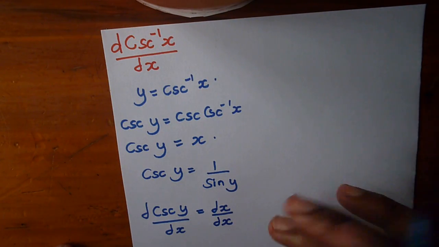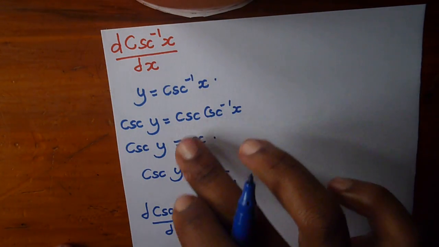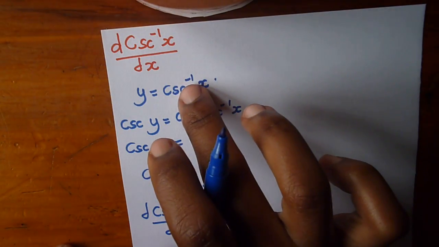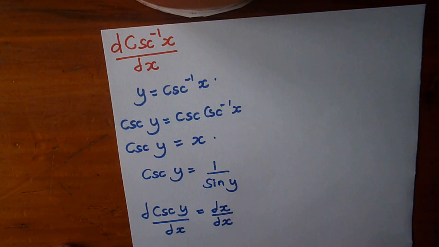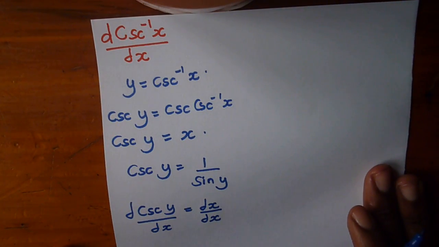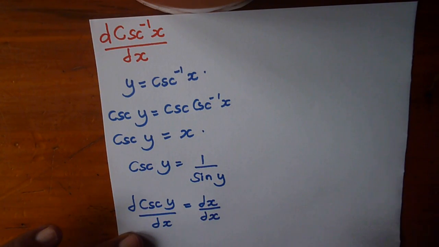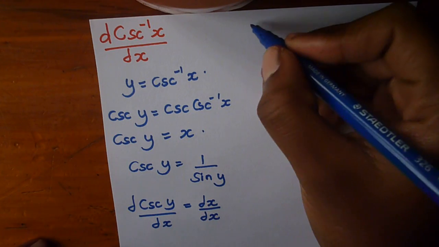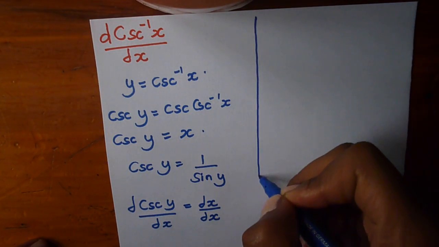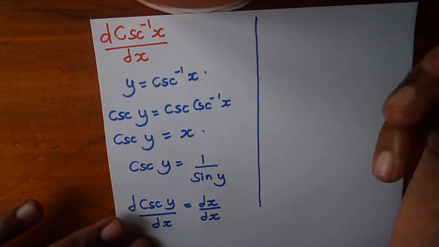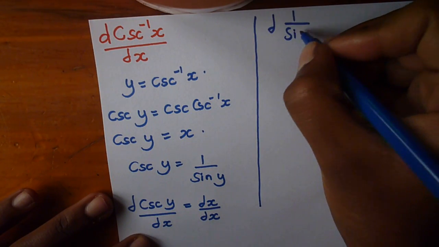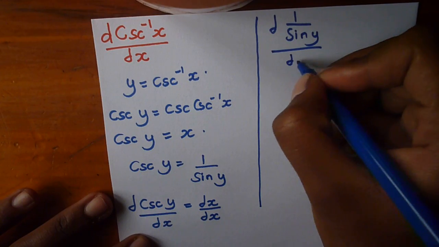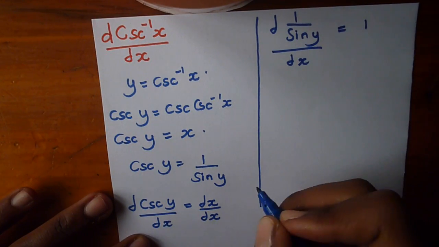The reason we did all this was to eliminate the power of -1. Then from there, we know that cosec y is 1 over sine y, so the derivative of 1 over sine y with respect to x equals 1.